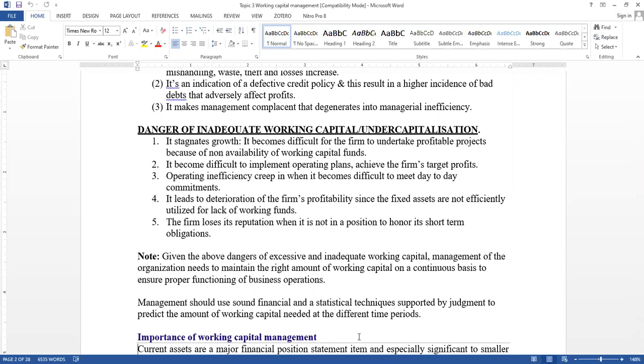Then management should also use sound financial and statistical techniques, normally supported by individual judgment. That is what the banker was saying. You need to make a judgment so that you see the patterns of your customers, so that you can predict the amount of working capital needed at different time periods.